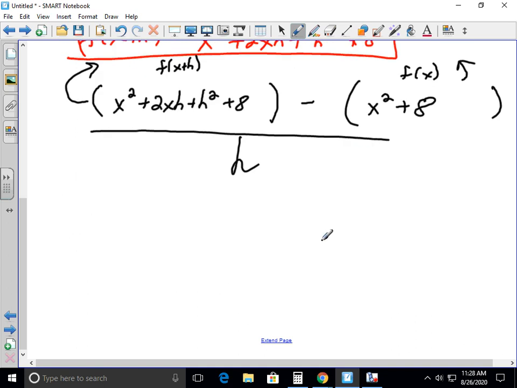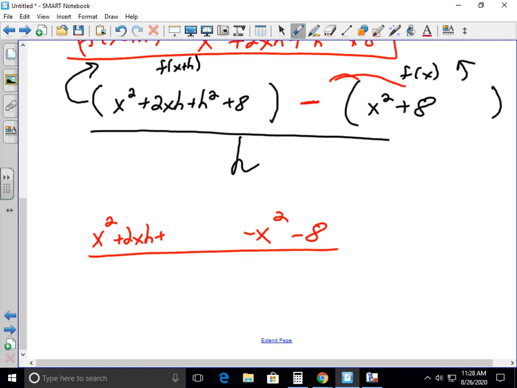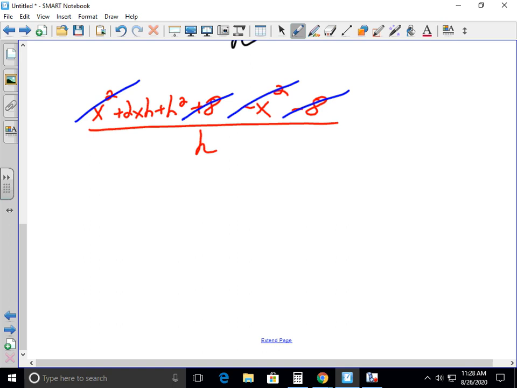Since there's a negative in front of this parenthesis, that gets distributed and changes both signs, so that makes that a minus x squared and a minus 8. We drop the other parentheses and bring those terms down. And then that simplifies. Those cancel. Those cancel. So that leaves us 2xh plus h squared over h.